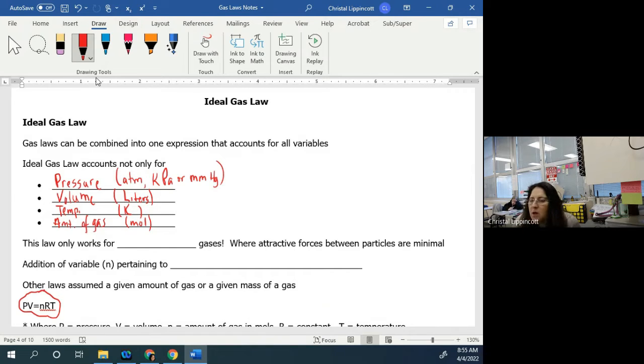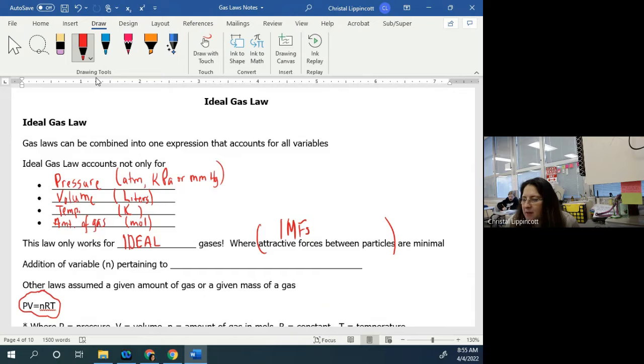All right. So this law only works for ideal gases. That is where your attractive forces between the particles, which we know as attractive forces between particles, what are those called? IMFs. So your IMFs have to be minimal or non-existent.